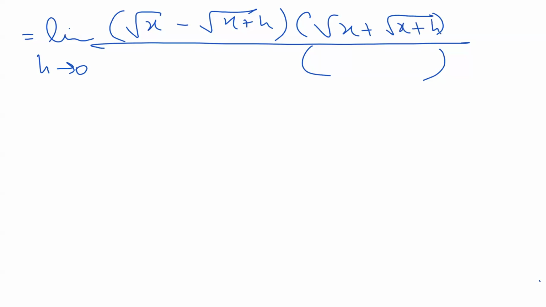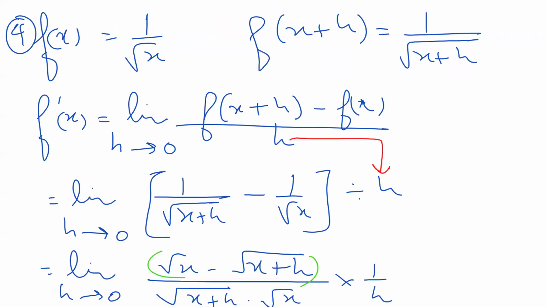And already there are three terms left in the denominator. I'll take you to the previous slide and show. The three terms are root x plus h, root x and h. So I just write those three terms.